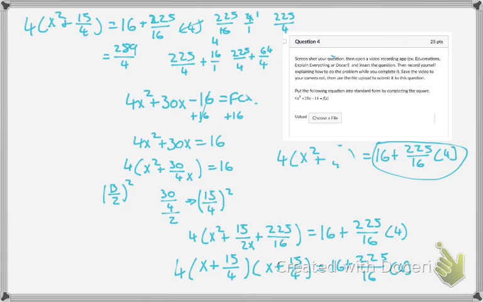Okay, so now that we've done all of this, we can start actually solving the equation and finding x.